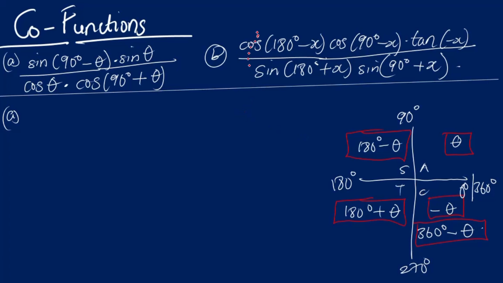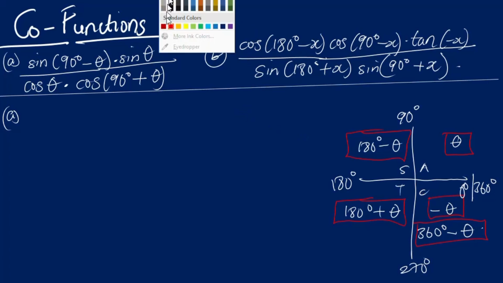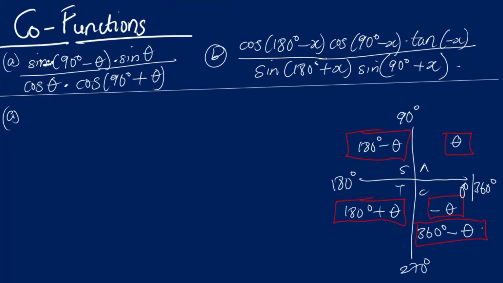Perfect. So now, to get to solving this part, the sine of 90 minus theta, what are we supposed to do there? We are supposed to see 90 minus theta as a cofunction. Now, remember the thing about cofunctions, they happen between 90 degrees and 270 degrees.